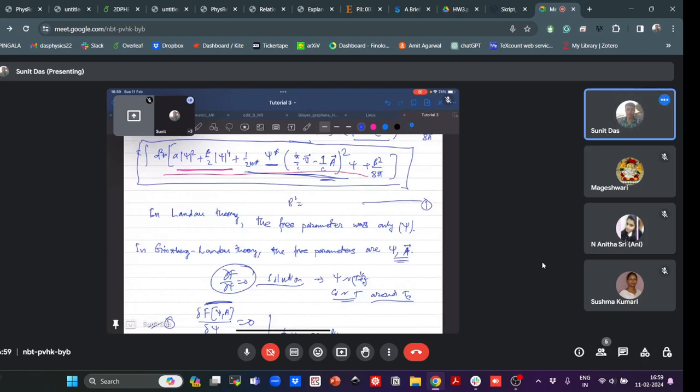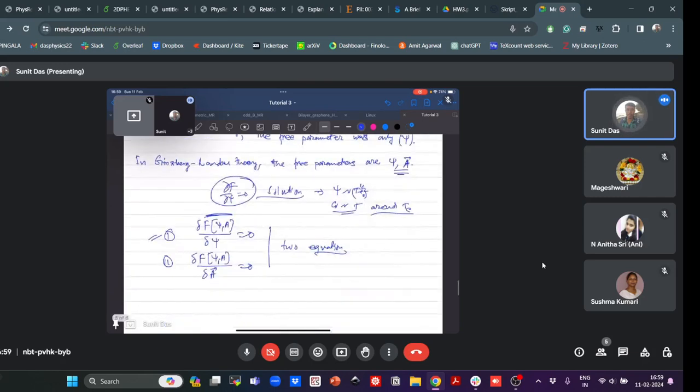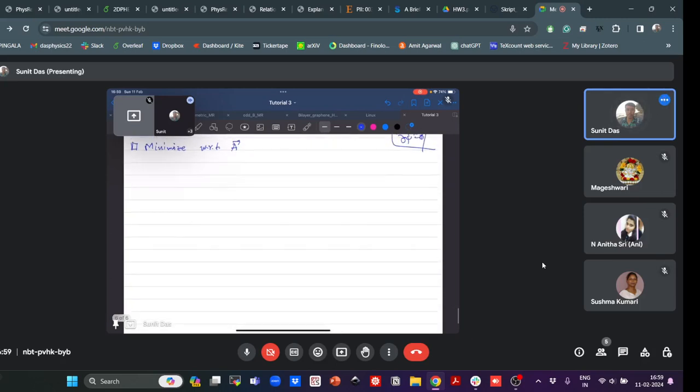How do I write it? B squared equals (curl A) squared, right? Because B is curl A. So we cannot directly evaluate like this in the case of psi. So this is a bit tricky. Let's see how we can do it.